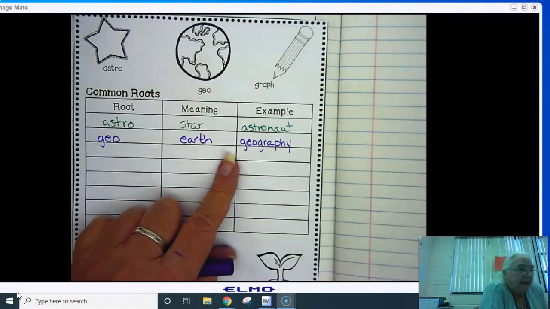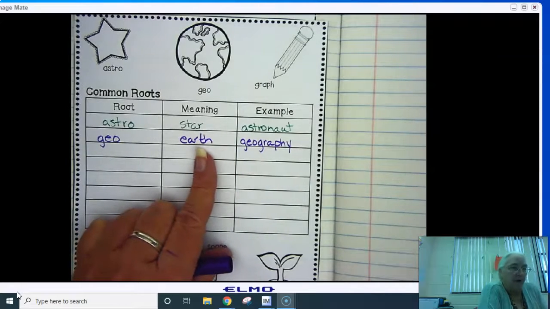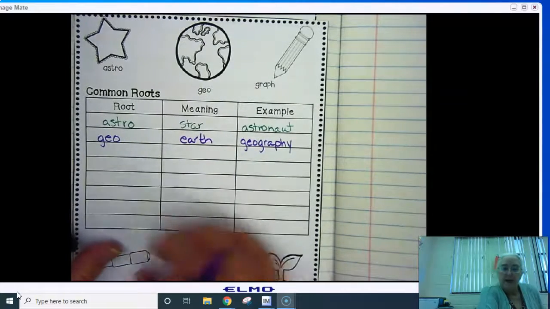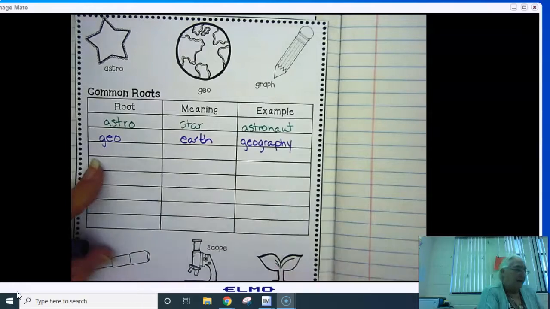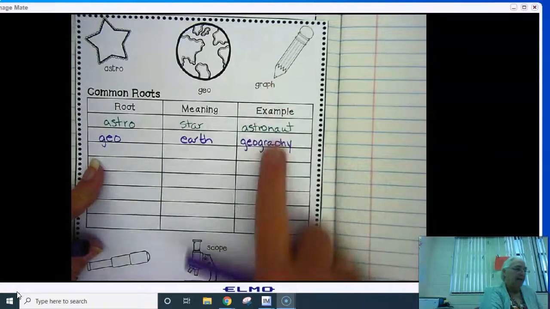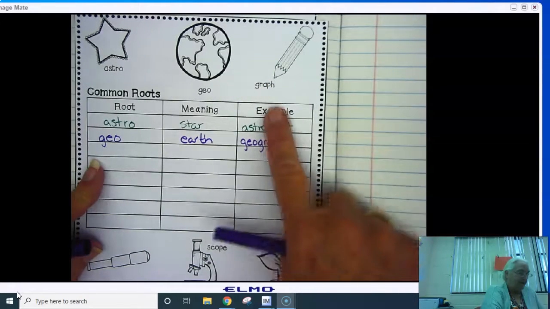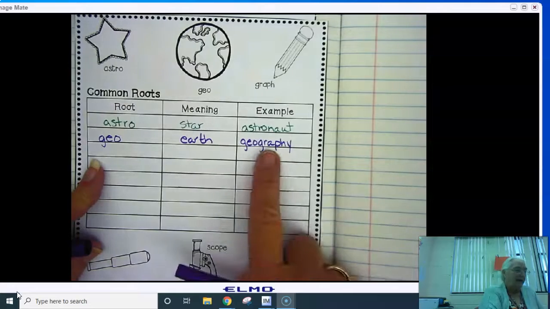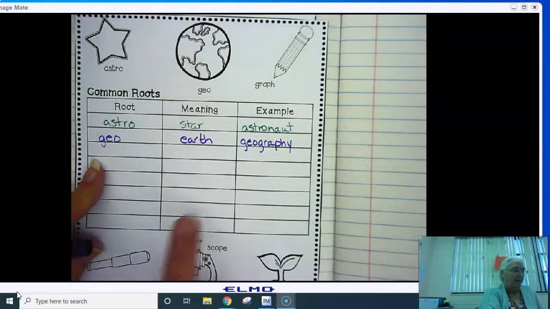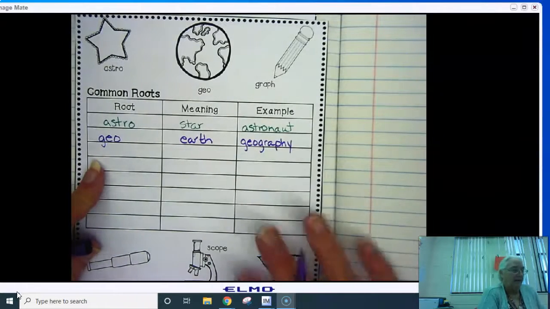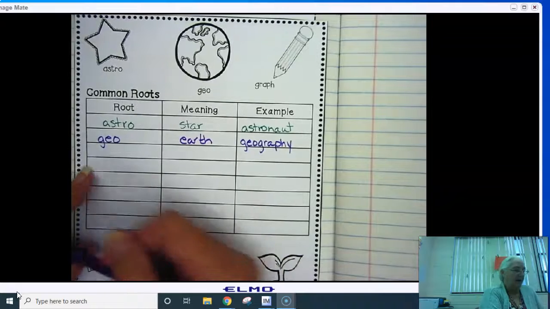Geography is writing about the earth. Like if you study geography, you study information about the earth. Another one, and by the way, do you see graph? Writing about the earth, or earth writing. We're studying geography.